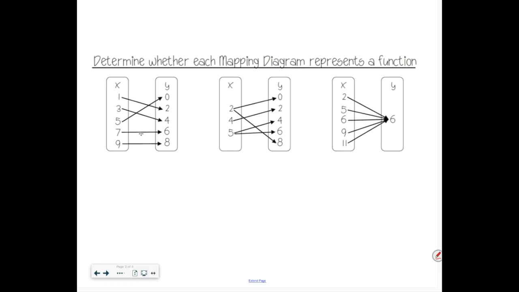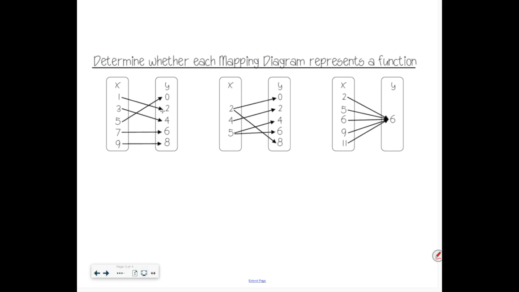So this first one, I can say yes, because my x, my input, doesn't repeat. Again, we can only have 1. You can't put 1 in and get 2, and then have a second line out to another number. That can't be possible. All right? It can't be greedy and have 2 outputs. It can only have 1. So I'm going to say yes to that first one.